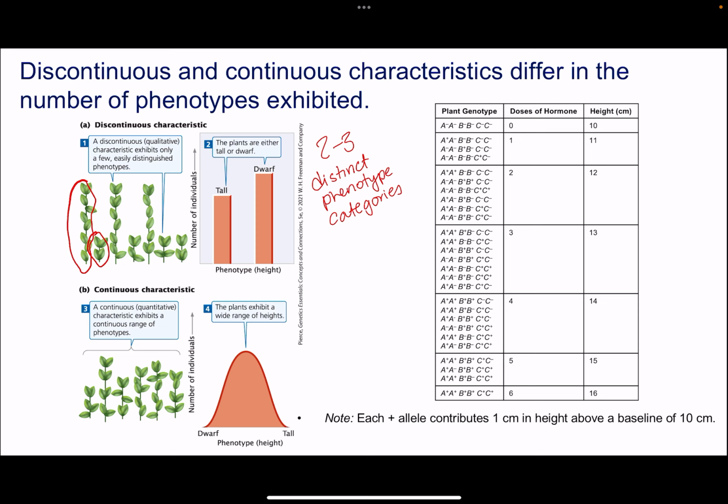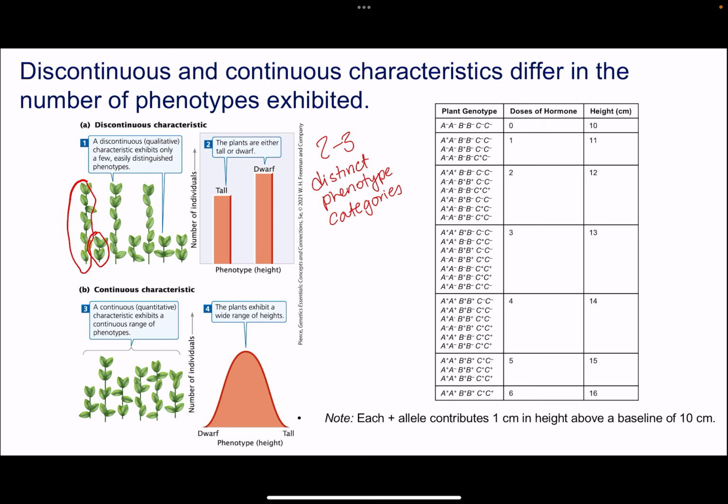However, we can also look at characteristics that are continuous. In a continuous characteristic, we don't see those distinct categories. Instead, what we see is a range of phenotypes. And none of those phenotypes are going to be different enough from any of the others to be able to put them into distinct categories.